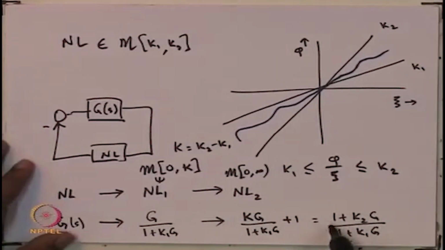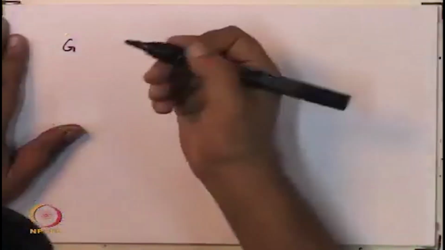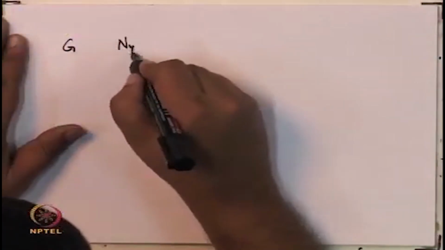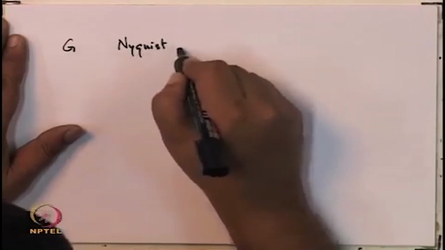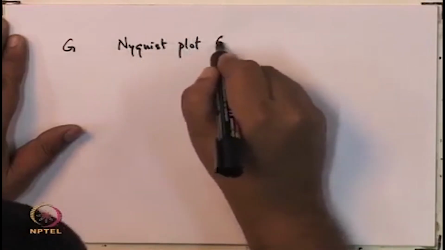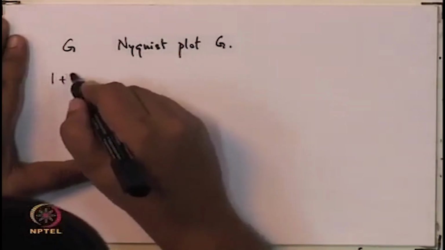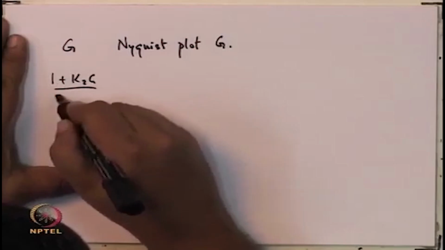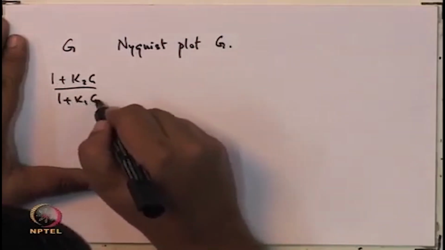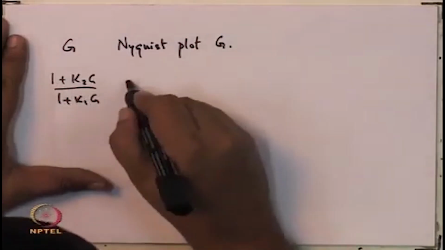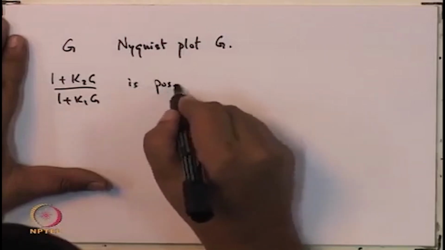Okay. But one would like to check that, so what we want to check is the following. Given G and therefore, the Nyquist plot of G, we want to check whether this 1 plus K2G upon 1 plus K1G is positive real.